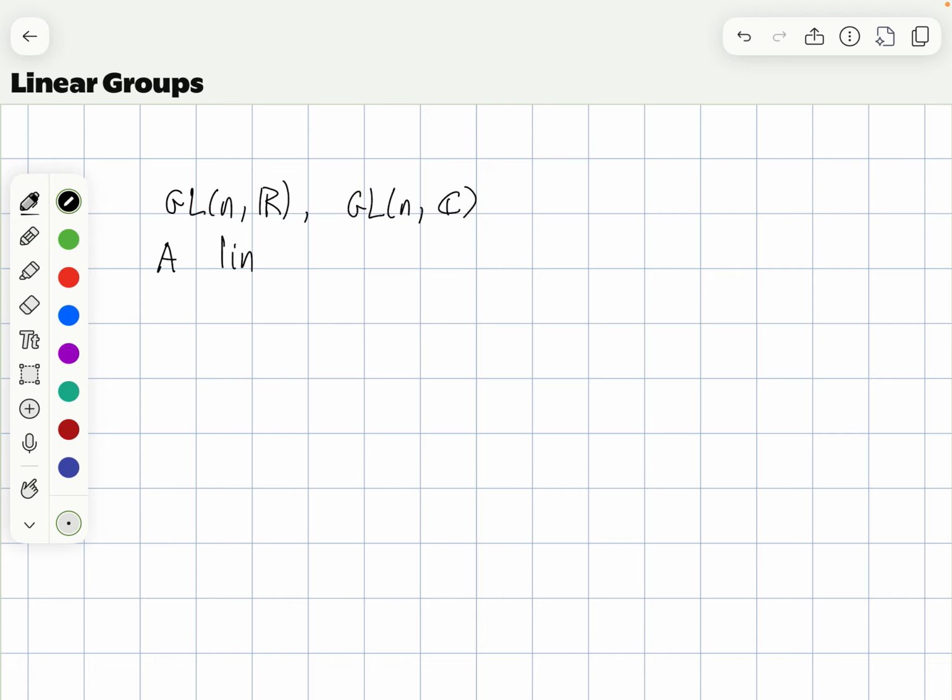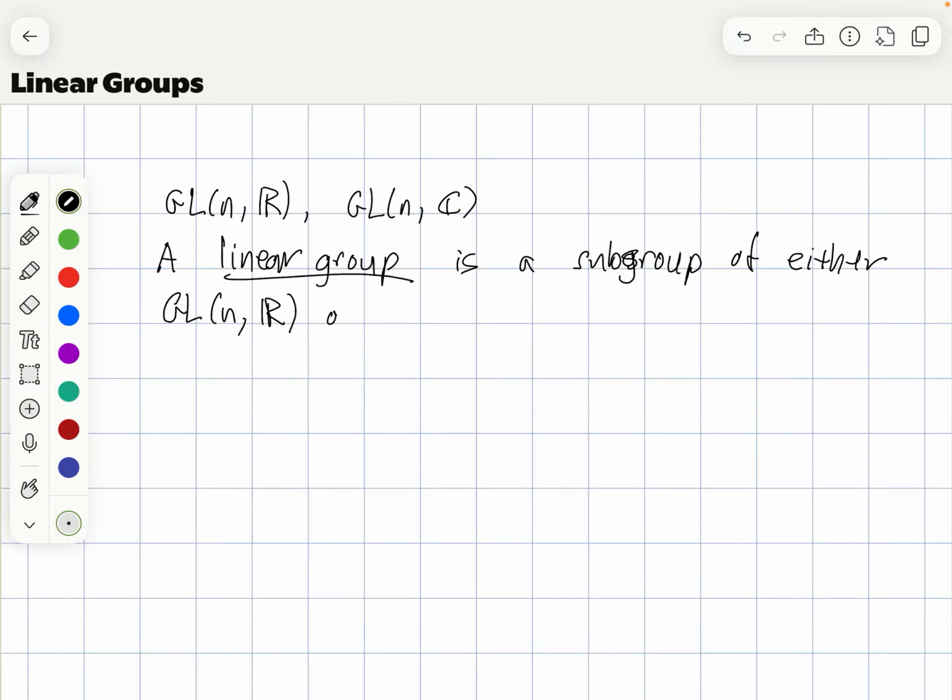And a linear group is a subgroup of either of these, GLNR or GLNC, for some n. And this is just a group, it's the abstract group, as in not a topological group or anything. This is just a plain group.